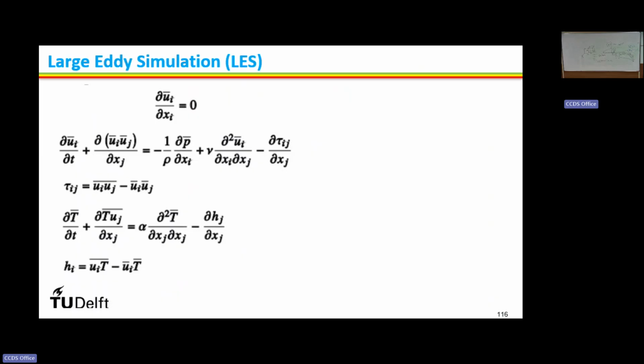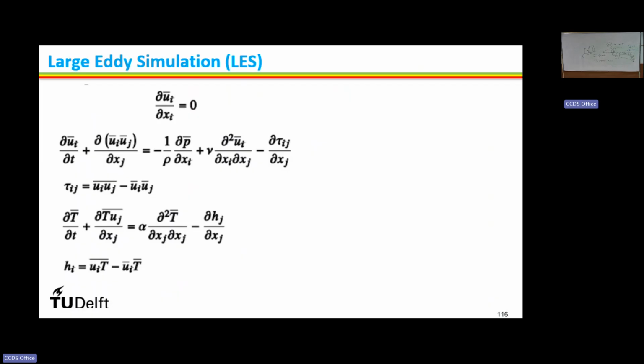It means the size of these eddies that we are modeling is less than the size of the computational grid, right? Similarly, you can find this relationship: you put ui equal to mean plus SGS, and take the average. Once you compute it out, you will get tau ij equal to this relationship, right?